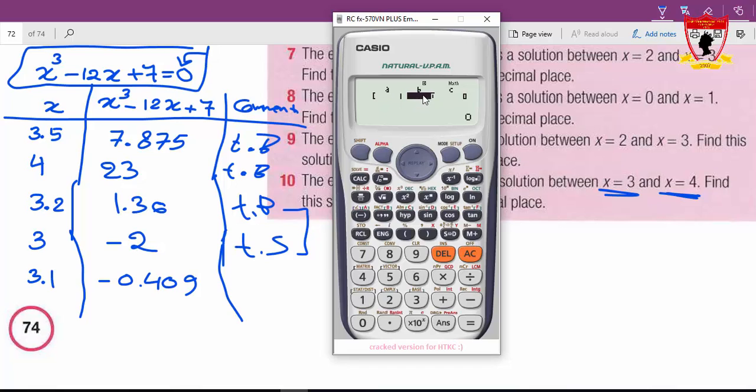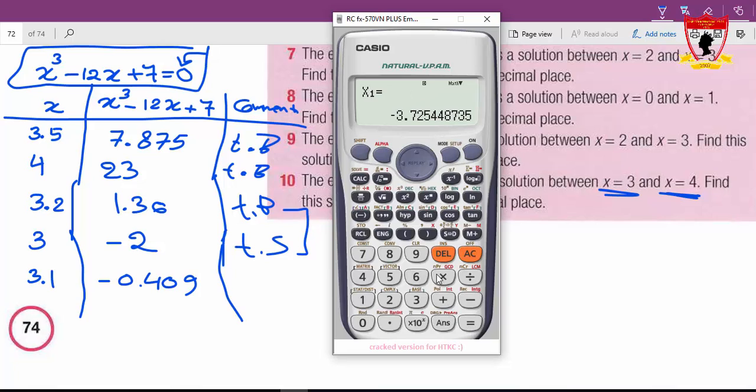As you see in this equation, there is no x to the power of 2. It means the coefficient of it is 0. Then less than 1 power less than x power 2 is x power 1, which is just x. The coefficient of x is -12. Press equal again. The constant is +7, so this is +7, and press equal.